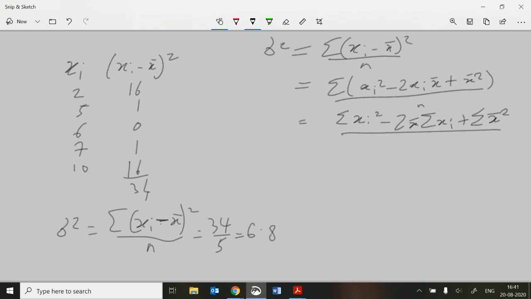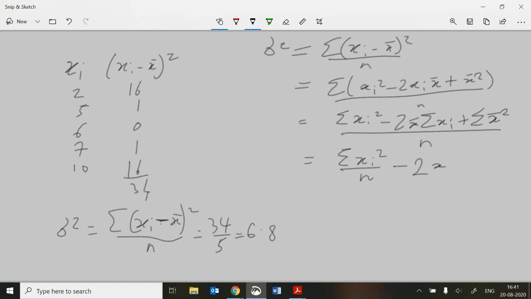Okay, so now I've got this, and now I can say I've got sigma xi squared all over n, take away, and now I've got 2 lots of, and I'm going to bring like terms together, and I can see that I've got sigma xi over n is actually x bar.